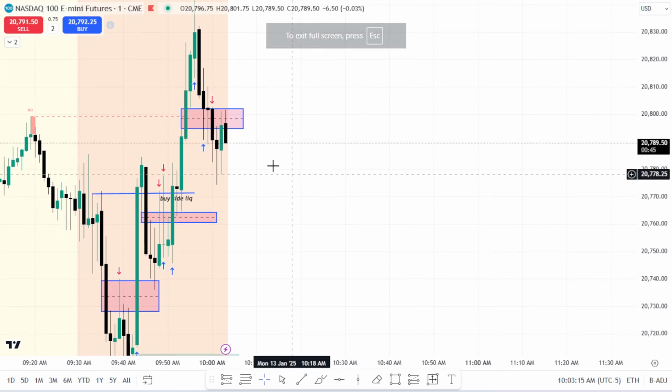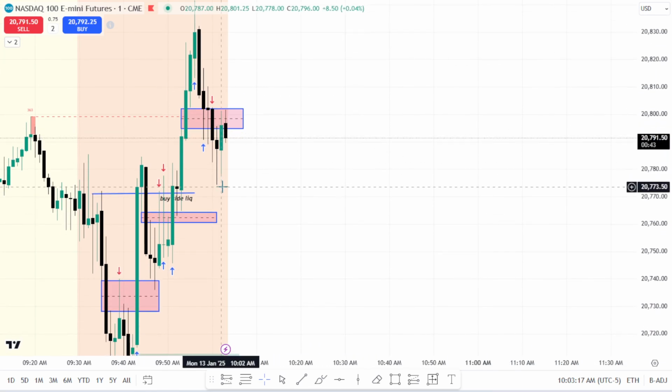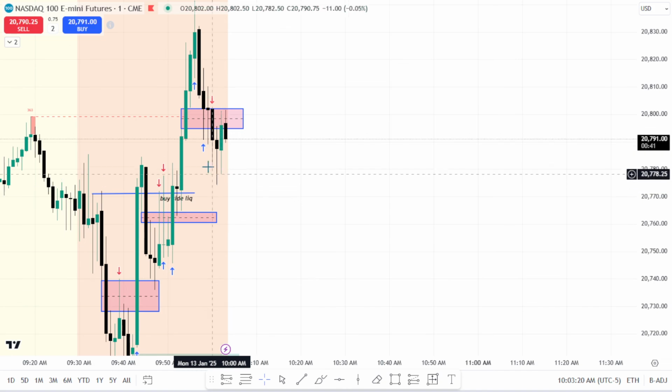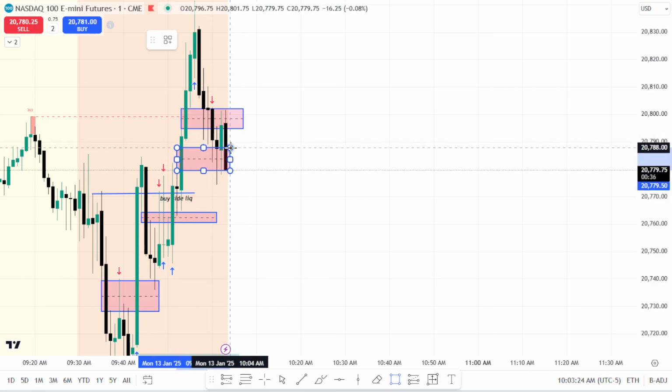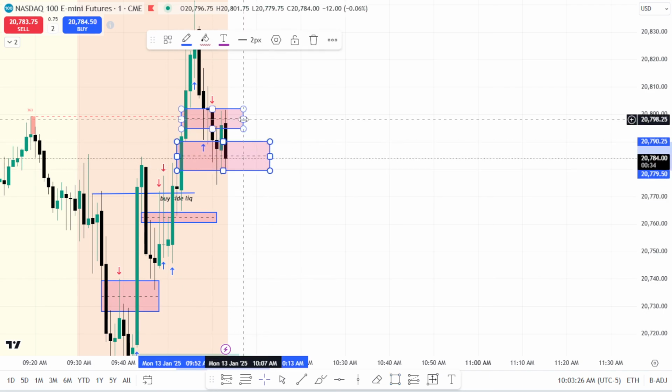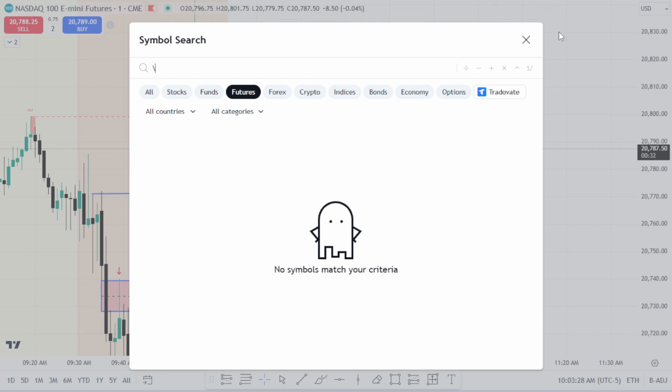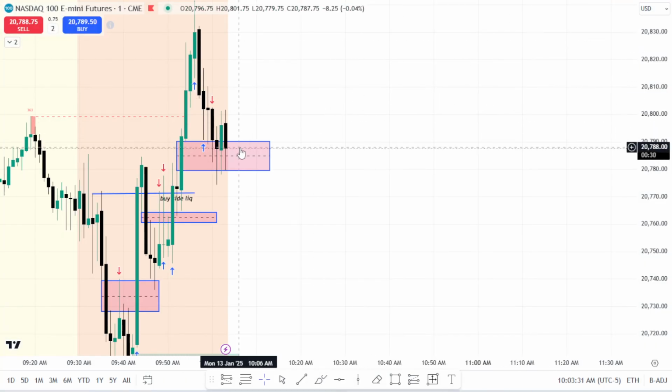Right here, there really isn't much to go off of, right? But we have this bullish gap here. I see that bullish gap there.